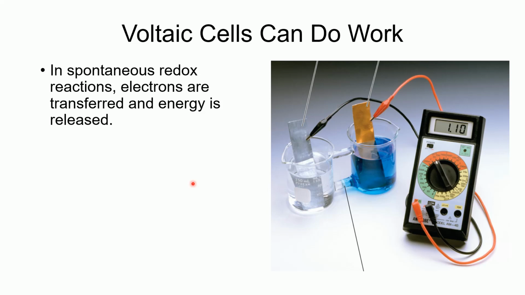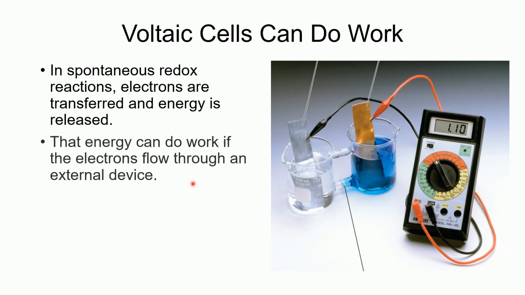And as they go through that wire circuit, they potentially could do some work. So as they flow through that external device, they can potentially do work, which here we just have a multimeter, which is measuring the potential energy difference. But we could potentially have something like a fan or a light or any number of things where we're harnessing some of that energy. And when we harness that energy, what we're doing is we're creating a voltaic cell.